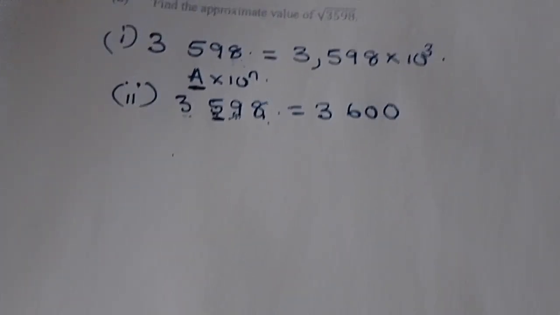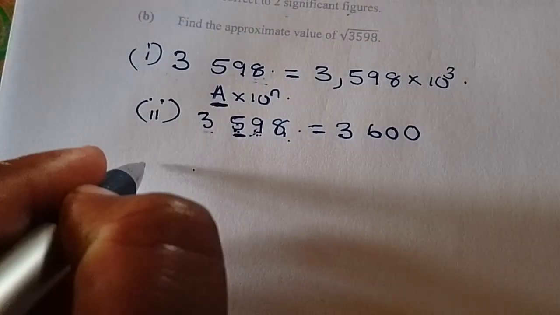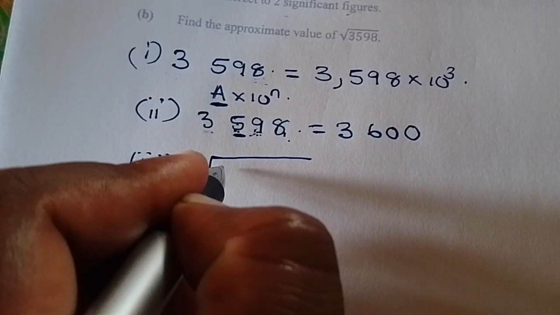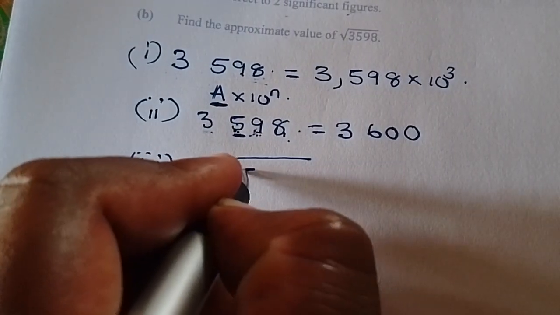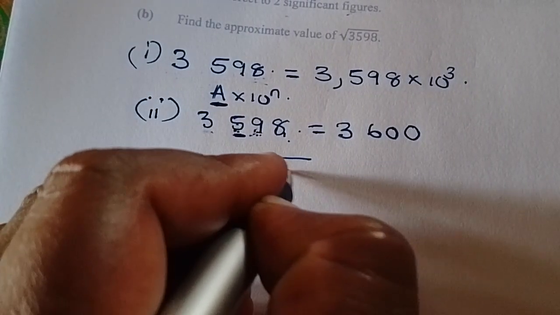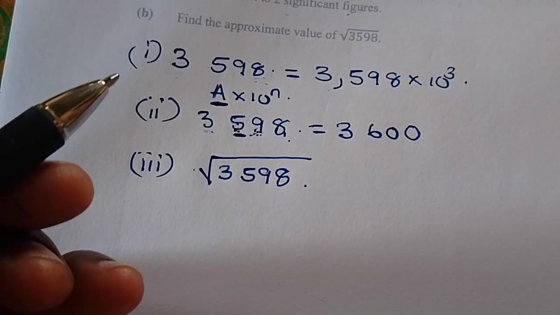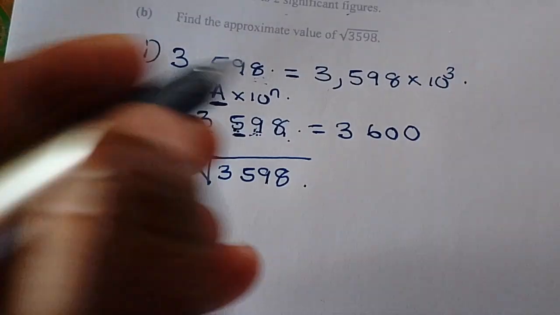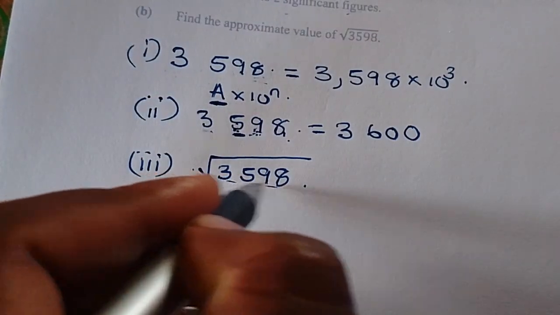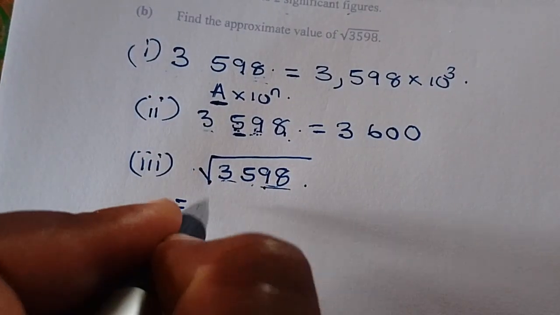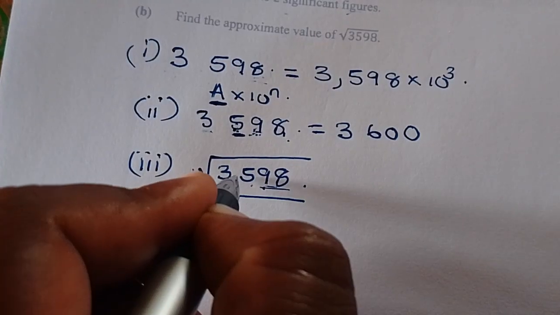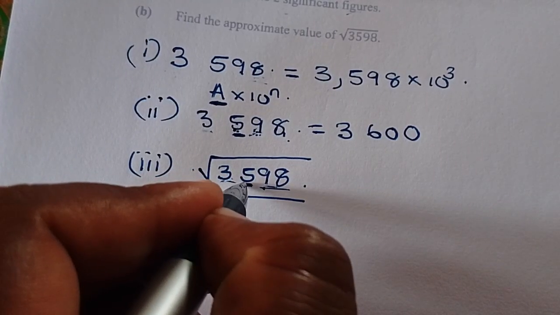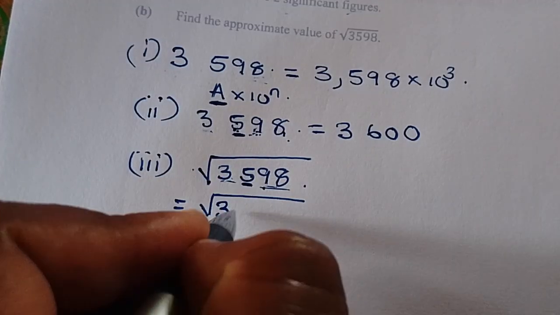Then find the approximate value of the square root of 3,598. We round off to the nearest 100, so it becomes 3,600.